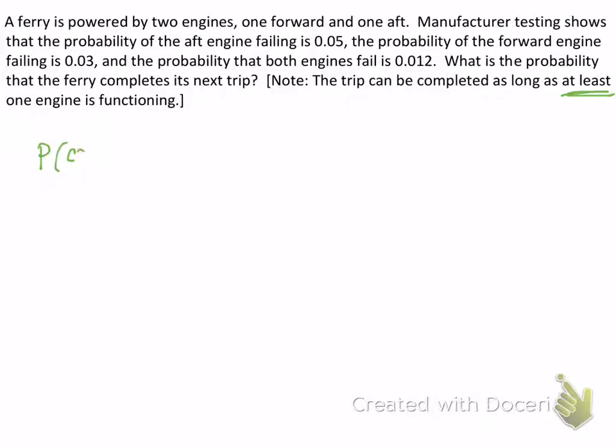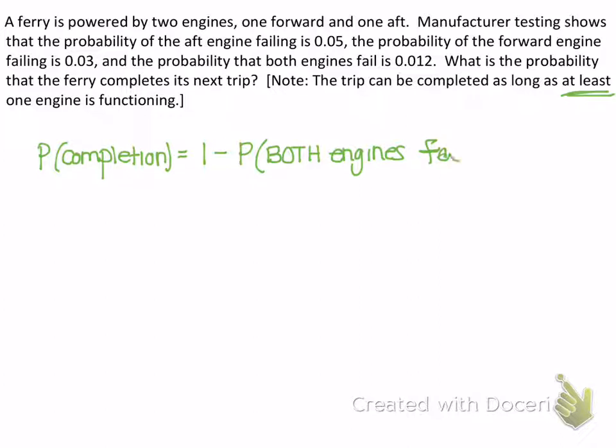So the probability of completion of this ferry trip is going to be equal to 1 minus the probability that both engines fail, because if they both fail, that is the only way that we won't make it.